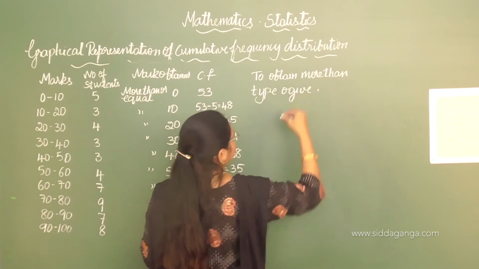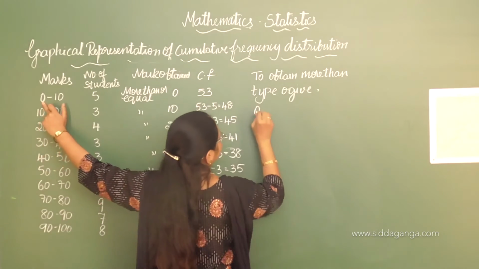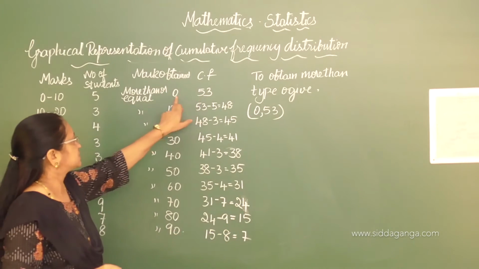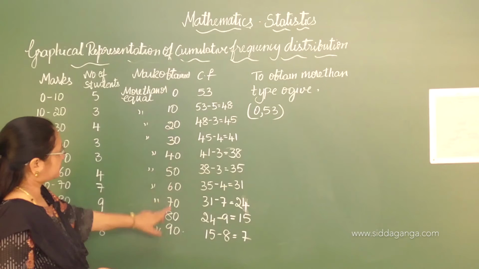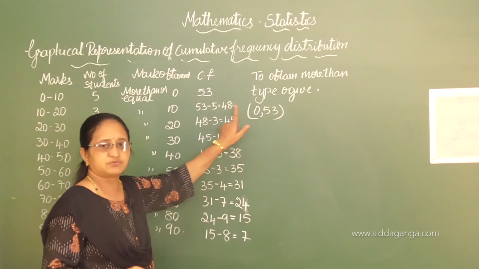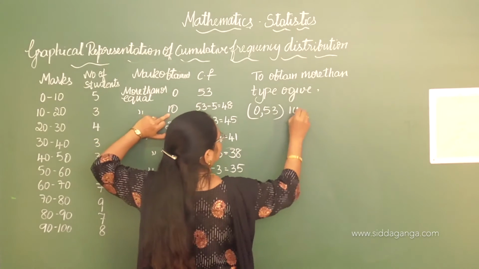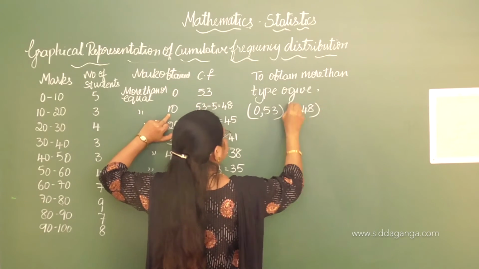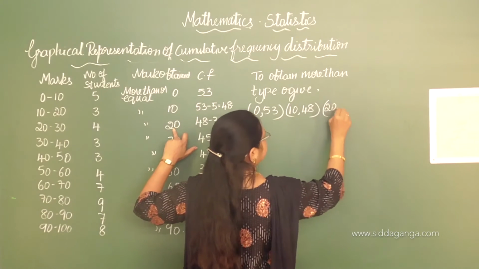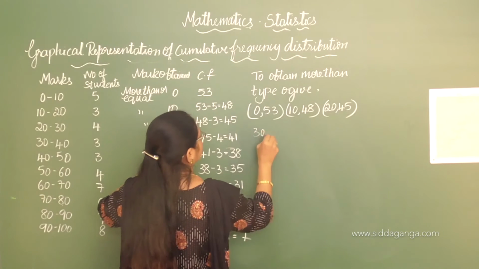So what you have to plot? You have to take the corresponding lower limit, that is 0, 53. So lower limit and the corresponding cumulative frequency. So here 0, 53, 10, 48, 20, 45. Next 30, 41.